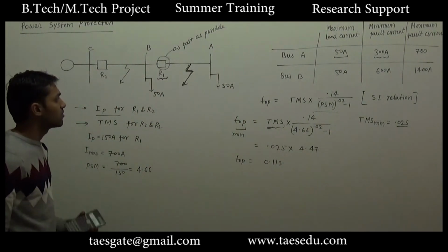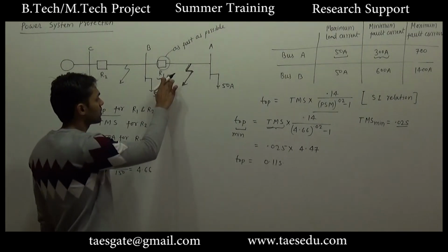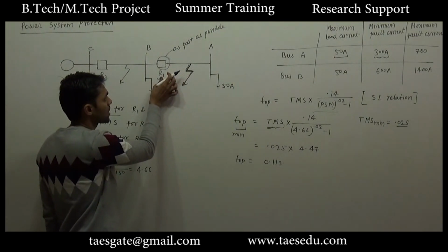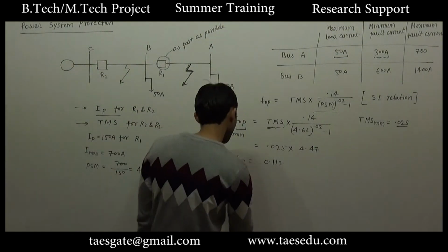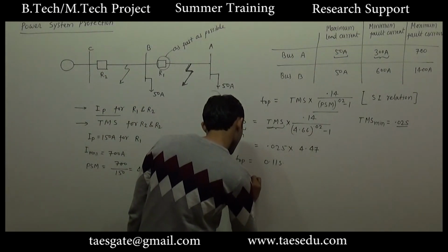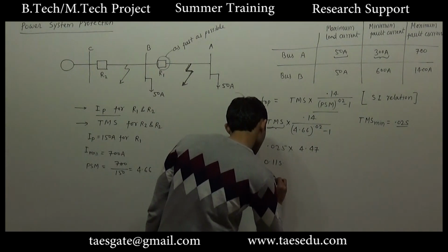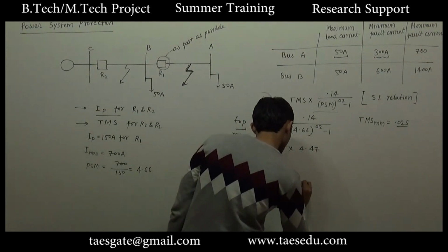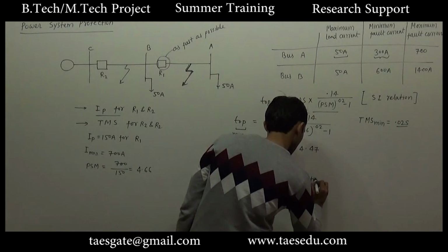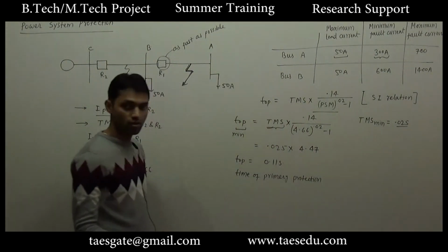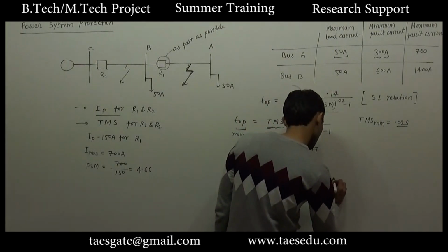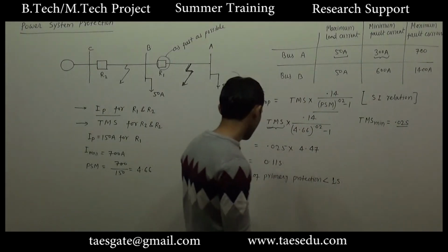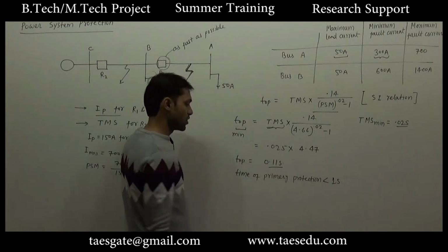The time of operation of the primary protection is 0.11 second, and the time of primary protection is also an important point which I forgot to mention earlier. The time of primary protection must be less than 1 second. So here it is 0.11 second.